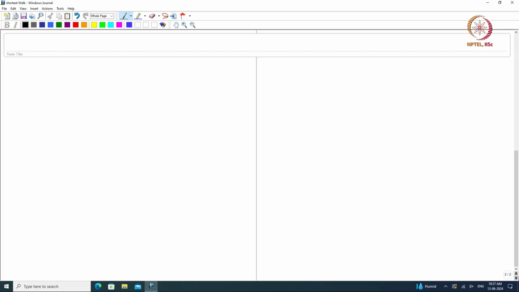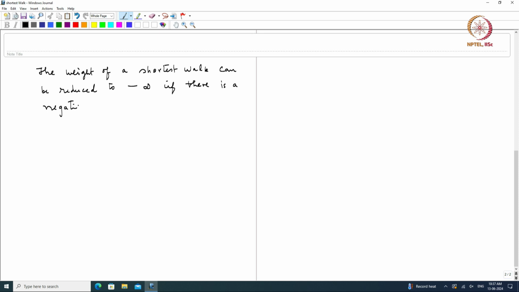Okay. The shortest walk, the weight of a shortest walk can be reduced to minus infinity if there is a negative cycle in the walk.